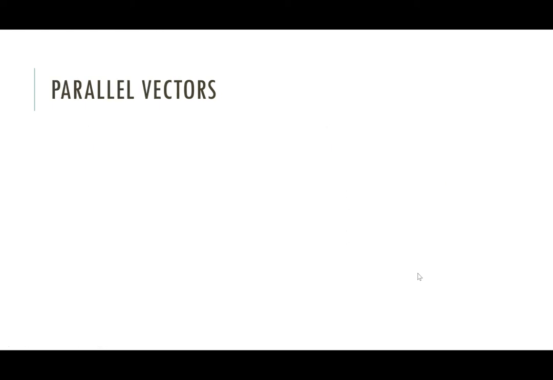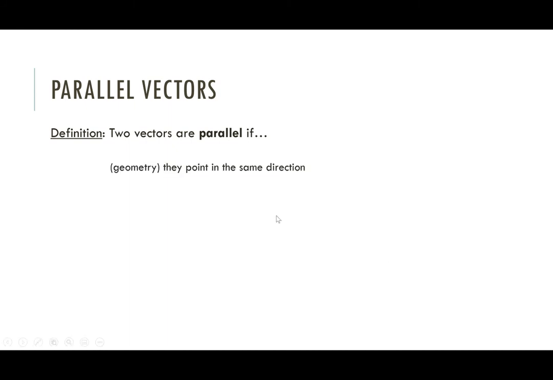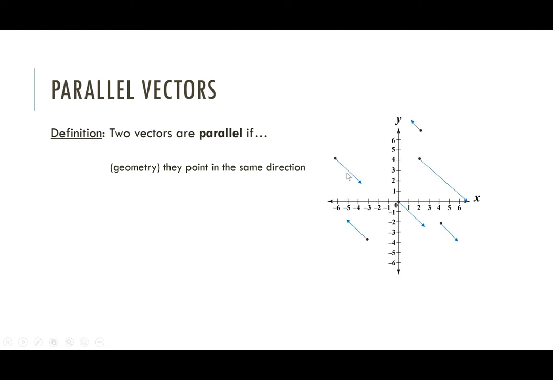And now that we know about scaling, we can talk about an important concept called parallel vectors. So by definition, in the geometry sense, two vectors are parallel if they point in the same direction. So, okay, all of these vectors, they are different lengths, but I'm going to say they point in the same direction.